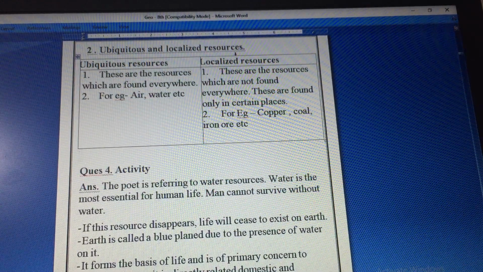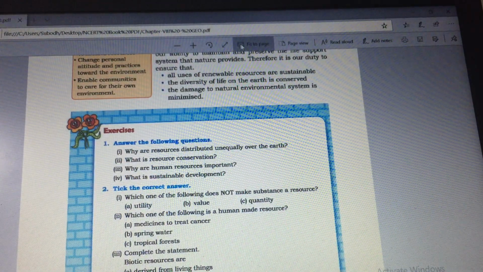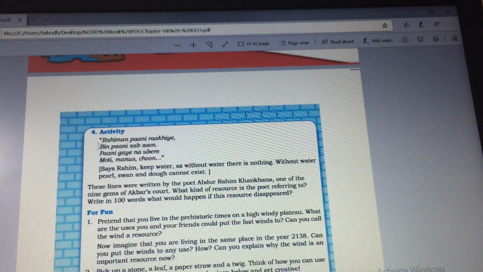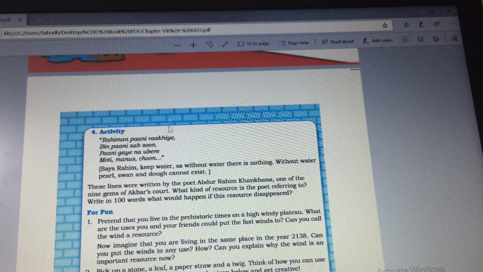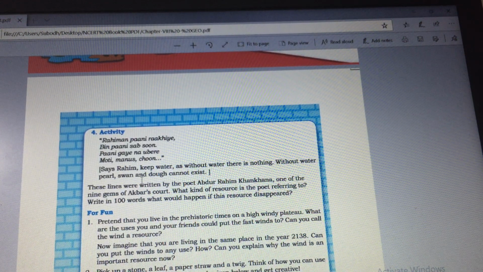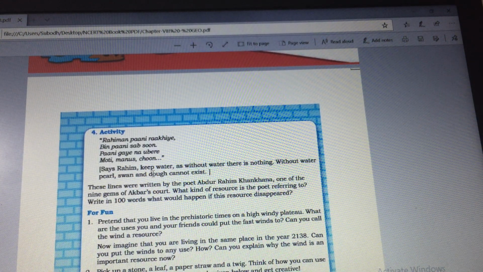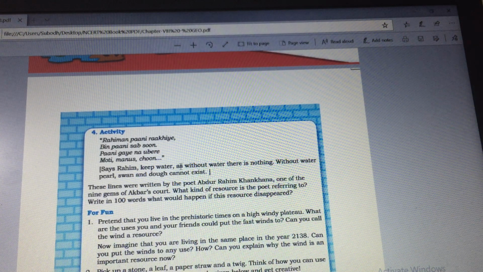So in here we do have an activity as well. You can see it's a line from a poem. Rahiman pani rakhiye, bin pani sab soon, pani gaye na ubre, moti manus choon. So it's a doha from Rahim's writing, which says, Rahim, keep water, as without water there is nothing.